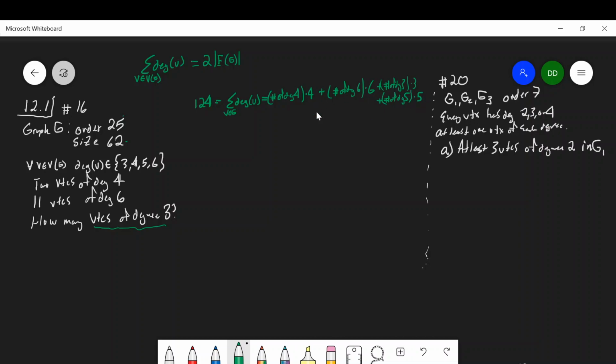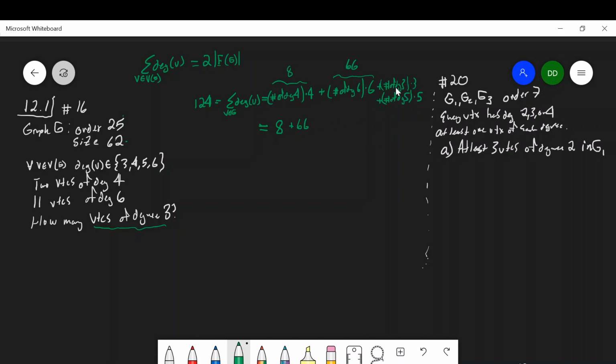So that's what my sum is going to look like, and I know how many are degree 4 and how many are degree 6. So 2 vertices of degree 4, that means I'll get 8 for this particular sum. And I have 11 vertices of degree 6, so I should get 66 here for the sum of those degrees.